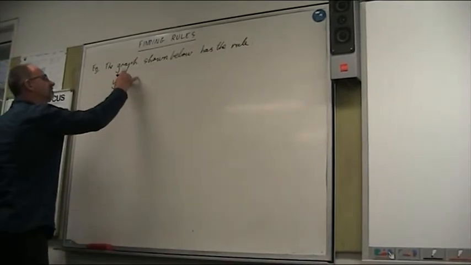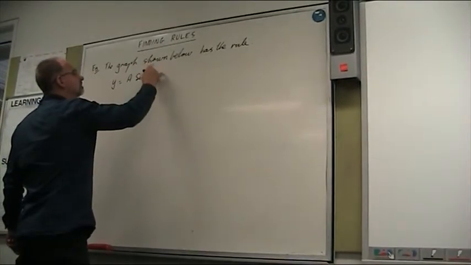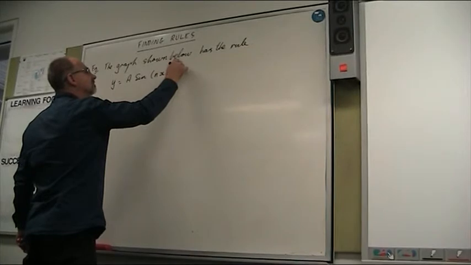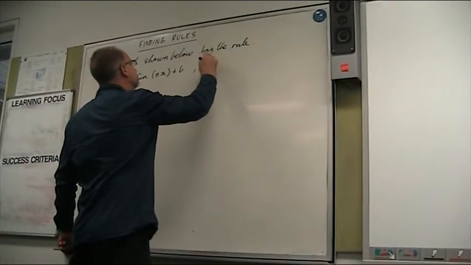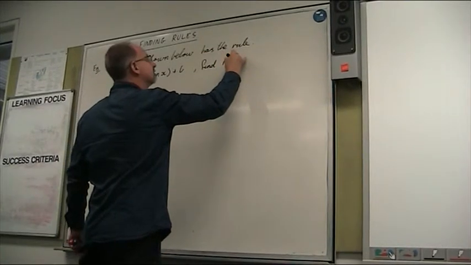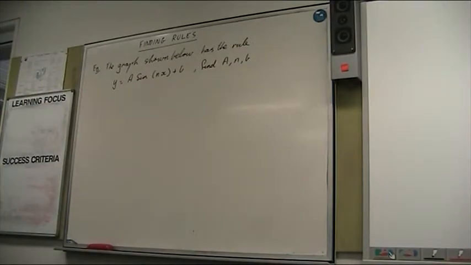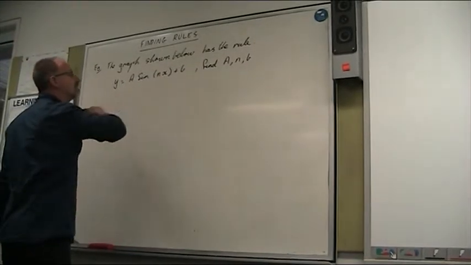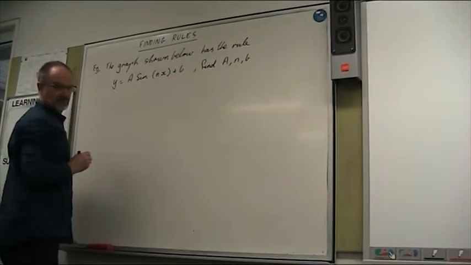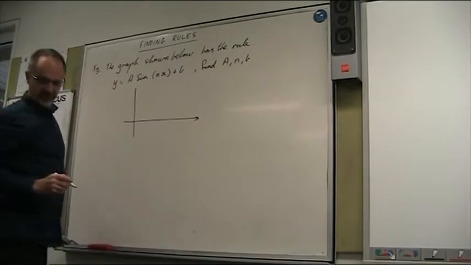So this one, you're told is some form of sine, and you've got to find what these numbers would be based on the graph that you've got.